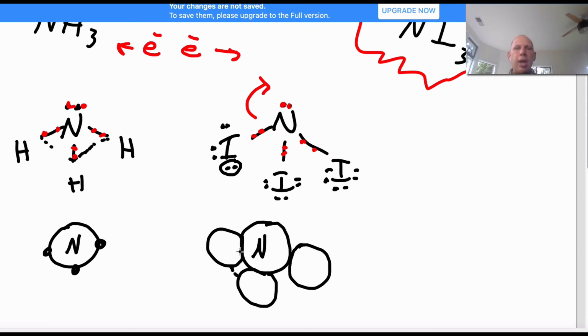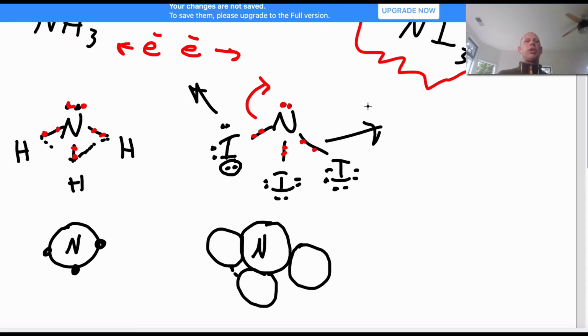Because they are very large, these electrons could interact right here. And if those electrons interact, the molecule itself will get split right open. So that's what happens. These I's are so big that the covalent bond between the I and the N is really, really weak because these neighboring I atoms repel each other. And when they repel each other, the molecule could fall apart.